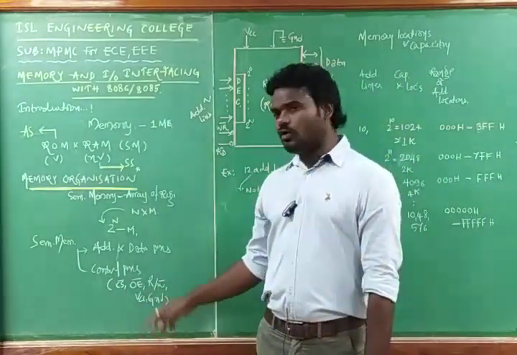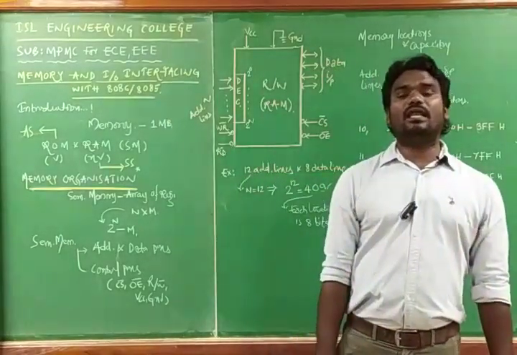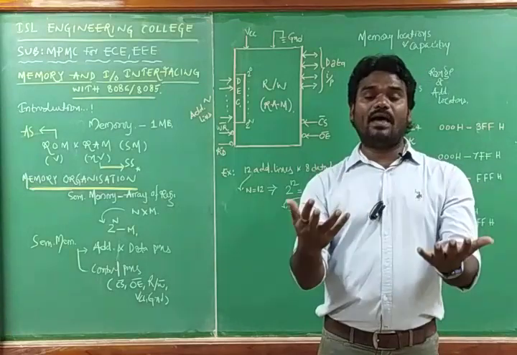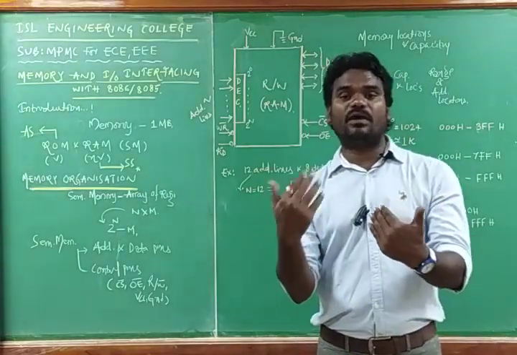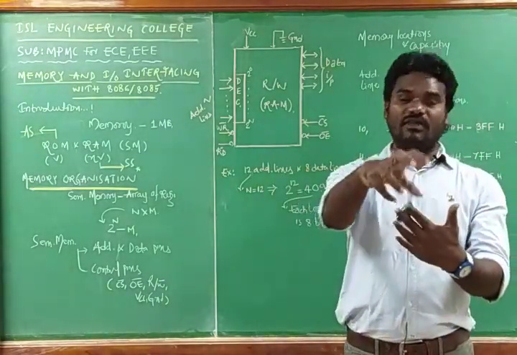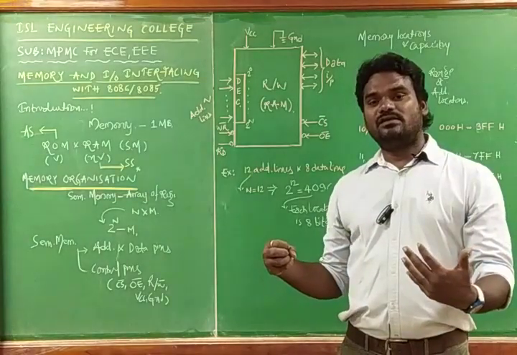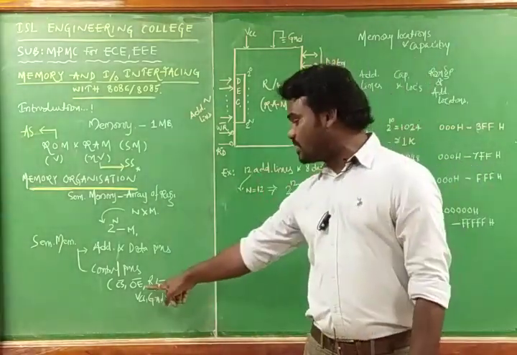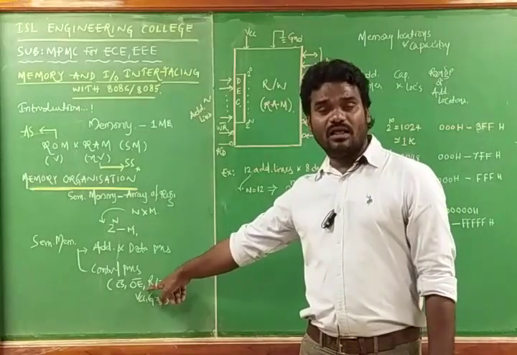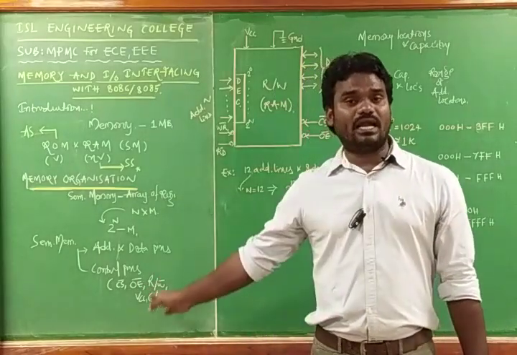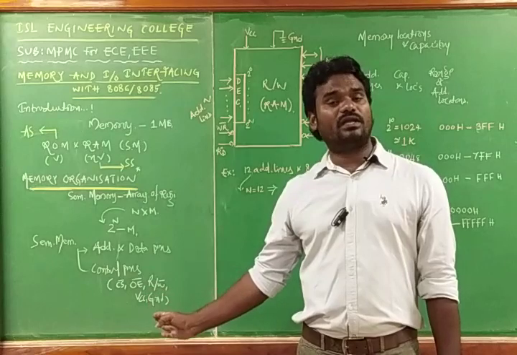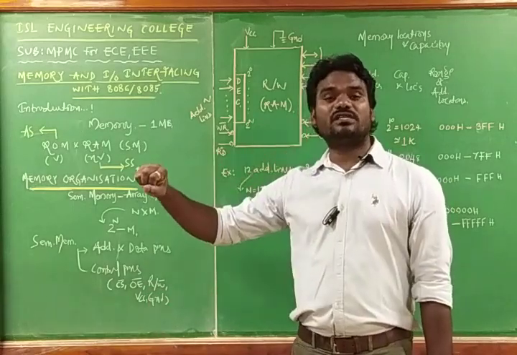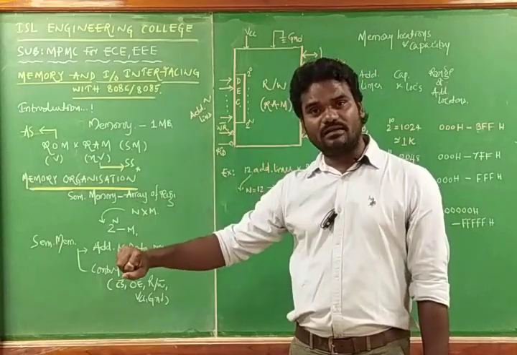Next one is output enable. Once the chip is selected, if this is a random access memory, we can write the data and we can read the data. Whenever we are reading the data, that will be the output operation. Output enable is an active low signal, whenever it is 0, then it can fetch the instructions or it can read the data.